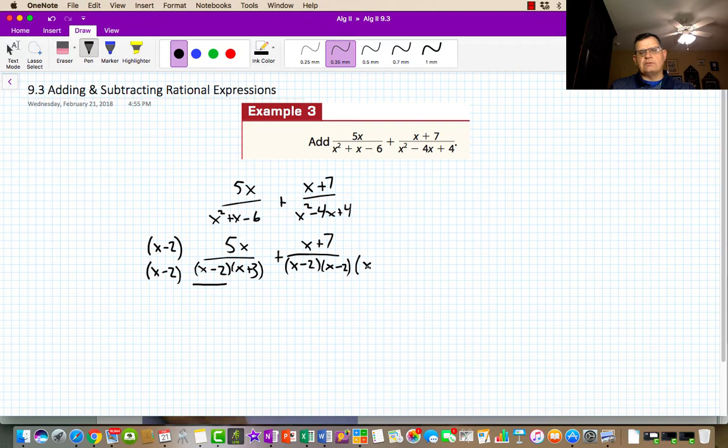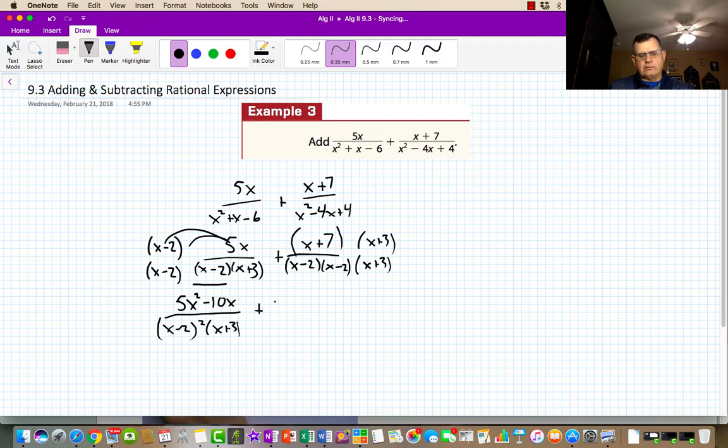So I'm going to put (x plus 3) here and (x plus 3) here, and this has to go in parentheses because the whole thing gets multiplied. So now this becomes 5x. So I distribute the 5x into both of those, and that becomes 5x squared minus 10x all over (x minus 2) squared times (x plus 3).